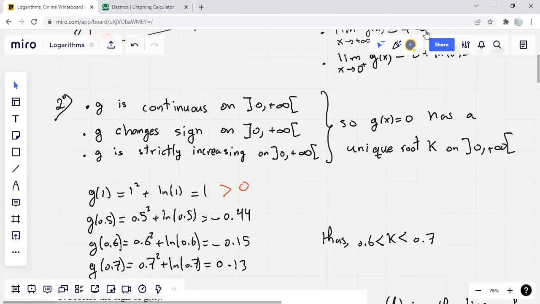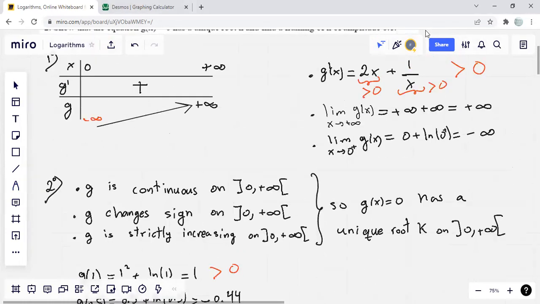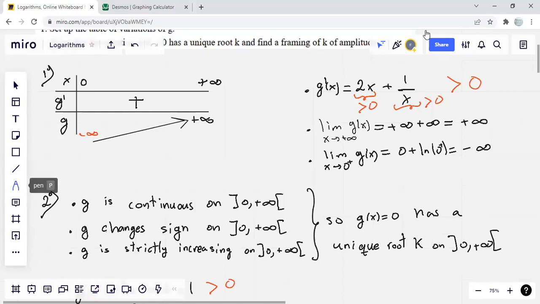Okay, so we try a number less than 1. Why? Because as you can see, g is increasing. If we try 1 and the answer here is 1, we want a root, meaning the answer should be 0. So I have to pick a number less than 1, not greater than 1.